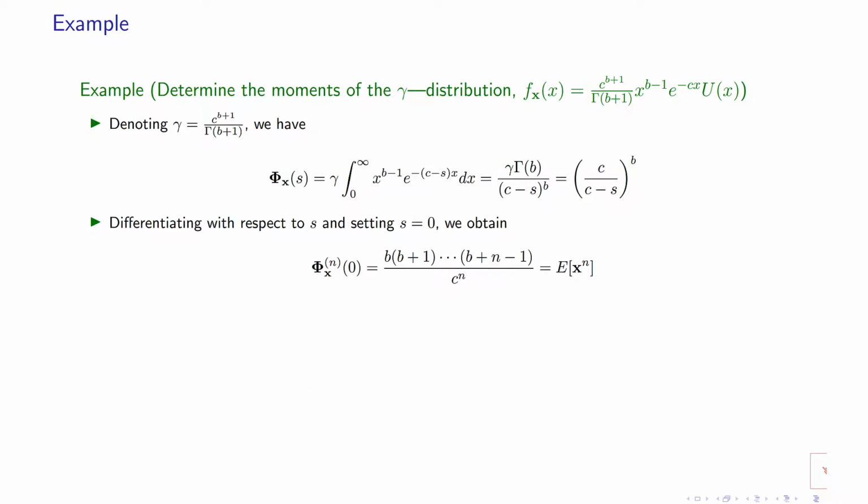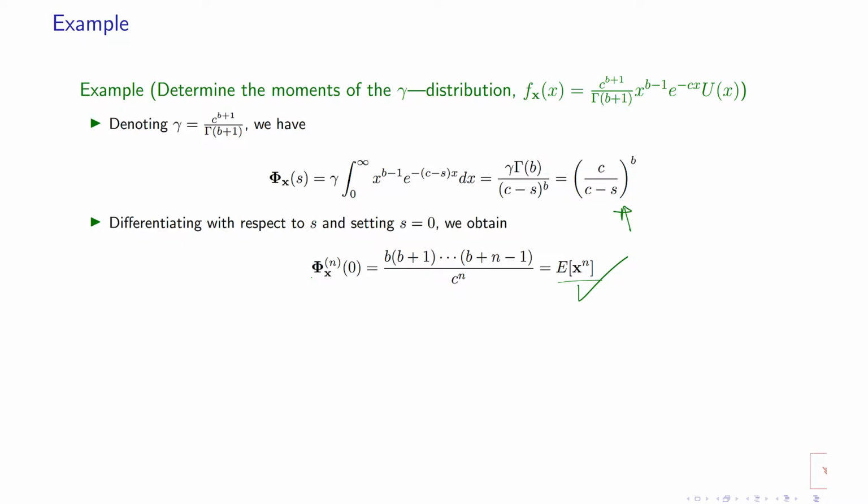Now you could calculate the derivative of this with respect to s, n times, and replace s by 0, and then quickly get the moments of X to the power of n. Each time you take a derivative, you get a b, and this b becomes b minus 1. So you can calculate one time, second time, third time, and n times, and get the formula.